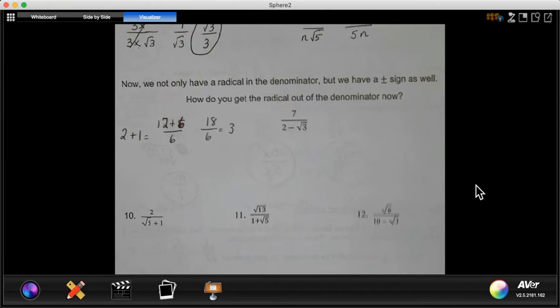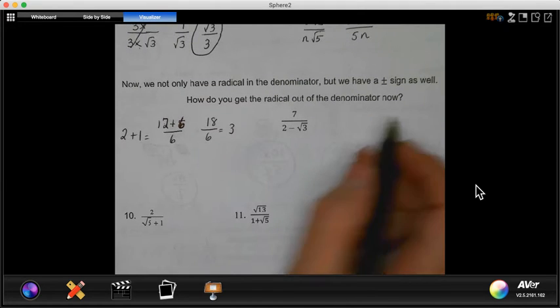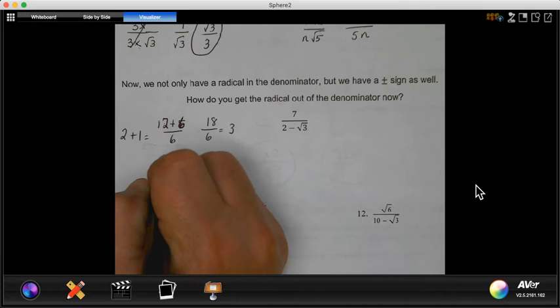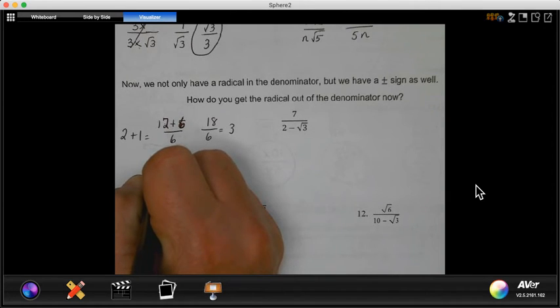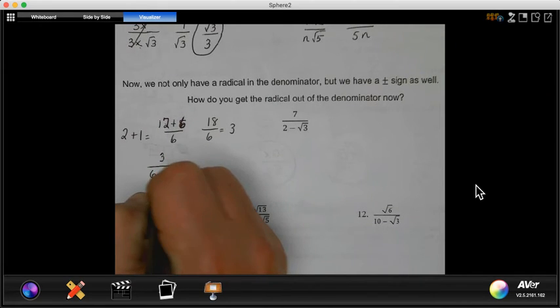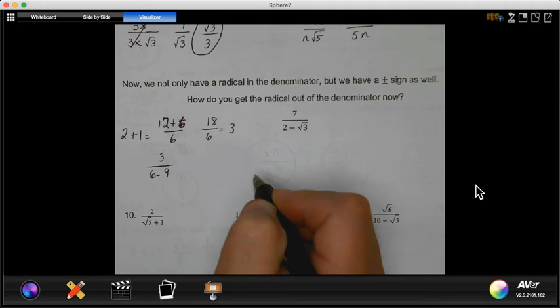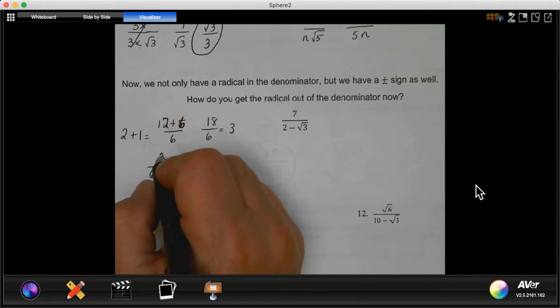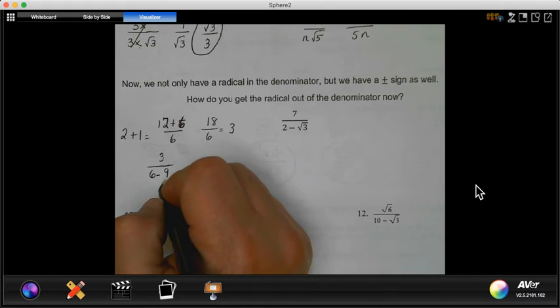You can't do that when the denominator has a subtraction sign. For example, if I switched it and did 3 over 6 minus 9, I can't go 3 over 6 and then minus 3 over 9. It just doesn't work that way.